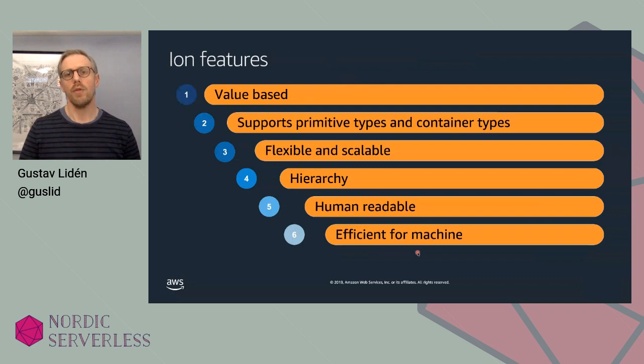The binary format is there to allow for efficient storage and efficient transmission of data, and also to work well with scanning data on disk and being able to skip through data for efficient handling of large amounts of data on disk.